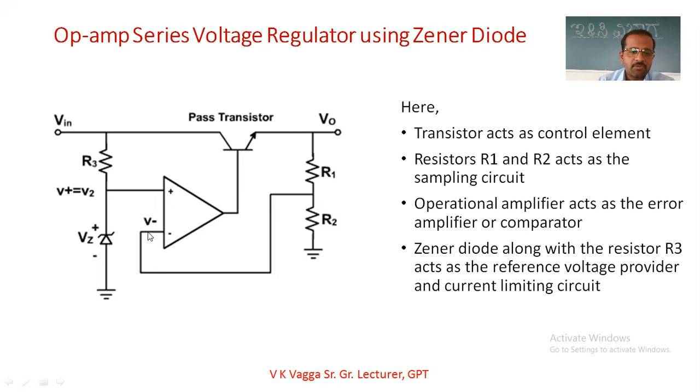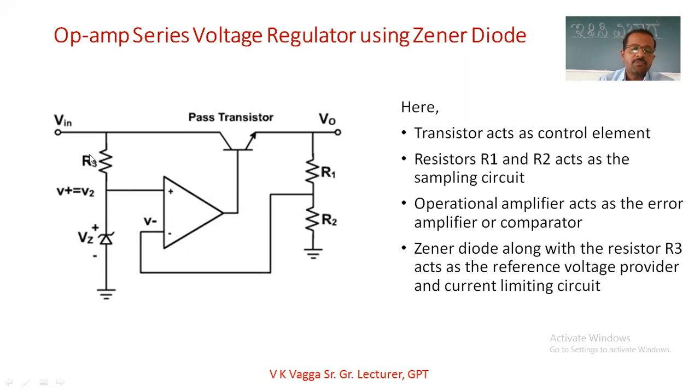It has two inputs. One is taken from the sampling circuit and applied to the inverting terminal, and the other is the reference voltage, applied to the non-inverting terminal. R3 is the current limiting resistor, and VZ gives you the reference voltage.